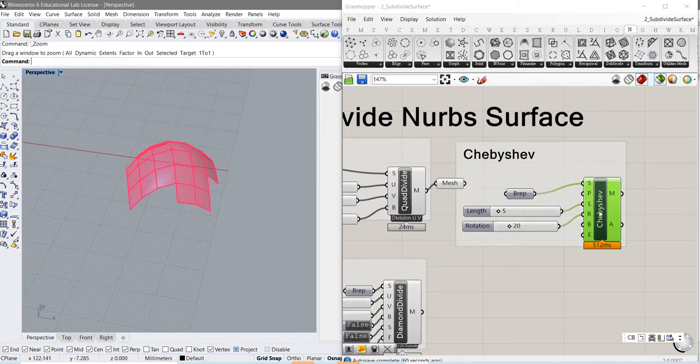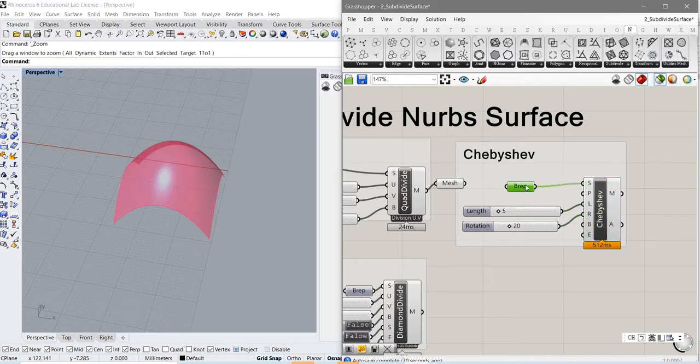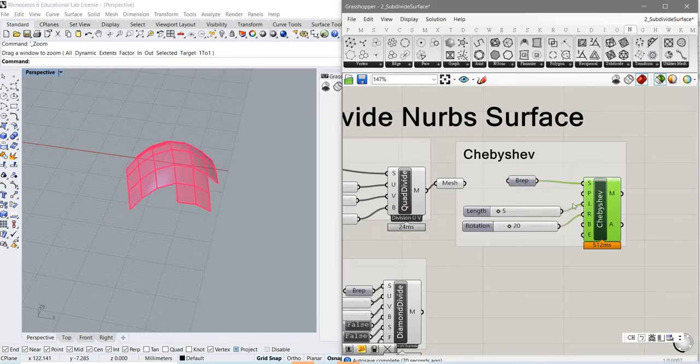I think it is not necessarily planar. And you can specify some point so that the grid will match this point, and you can specify the required length.